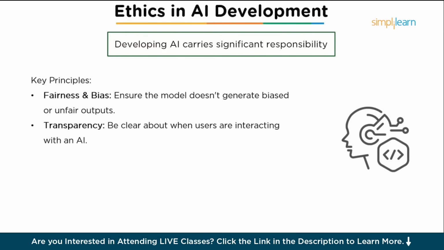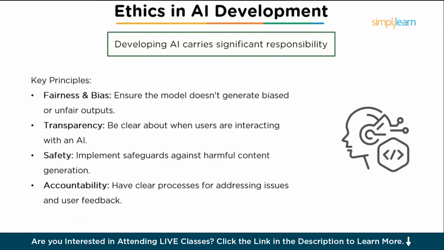Transparency means being clear with users about when they interact with an AI, fostering trust. Safety involves implementing robust safeguards to prevent the generation of harmful or dangerous content. Finally, accountability necessitates having clear processes for addressing issues and incorporating users' feedback, ensuring we can respond responsibly to any challenges that arise.